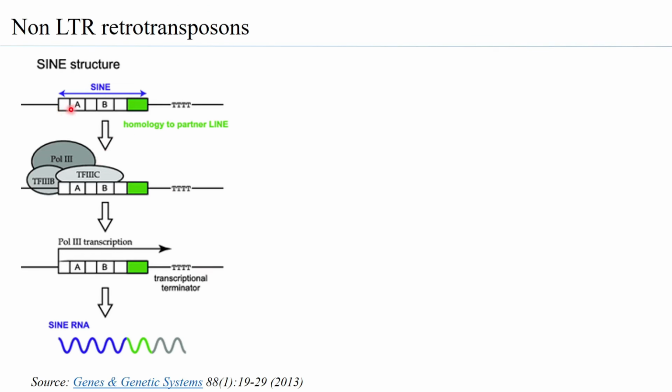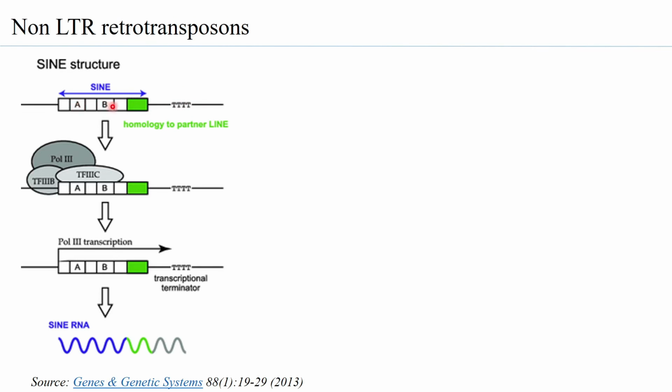As you can see, the SINE structure has a box A, a box B, and it has a region which is homologous to the partner LINE. When you say partner LINE, it means that it is going to use the reverse transcriptase and endonuclease from this LINE segment. And of course, like the LINE structure, this also has a poly T.